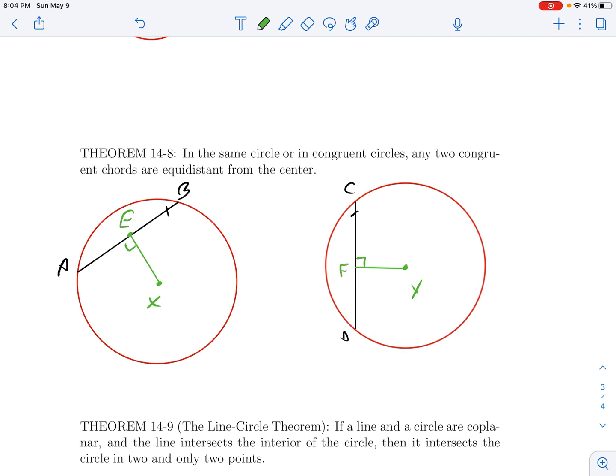What we'll be able to prove is that those distances are the same. And how are we going to do that? Well, we're going to look for congruent triangles. Hopefully you see that if I draw in all four of these radii, all four of those segments will be congruent to each other, and presumably I can use things that I already know about congruent triangles.